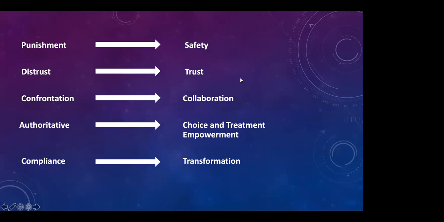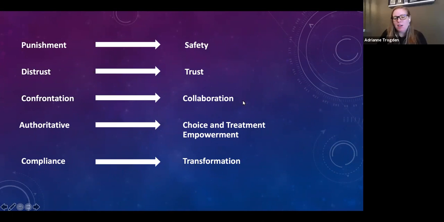Let's see, I'm looking at the chat. Yeah, and Kent, you're absolutely right. First, do no harm. When we're looking at somebody with a trauma history and addiction, some of the things that we might do with somebody that just has an addiction without the trauma are going to look different than what we need to do with somebody that has trauma and addiction, because we could be doing harm.